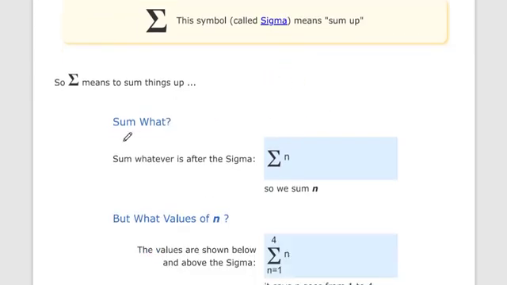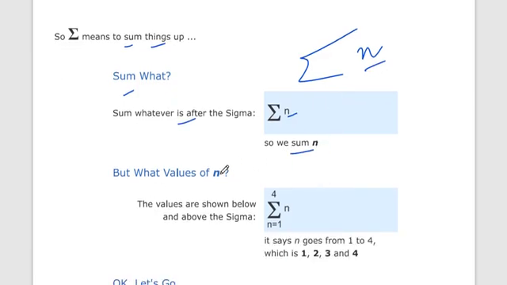But what do we have to add? Whatever we have to add, we write after the sigma symbol. Here it is sigma and n, so we sum n. But what is the value of n? The values are shown below and above the sigma.